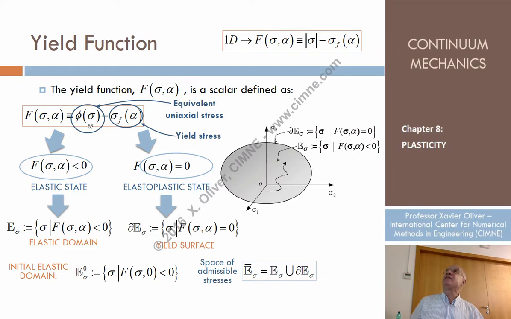In 3D cases, that is crucial. The definition of this defines different models of plasticity for different types of materials. We will go to that point. But the concept is the same.